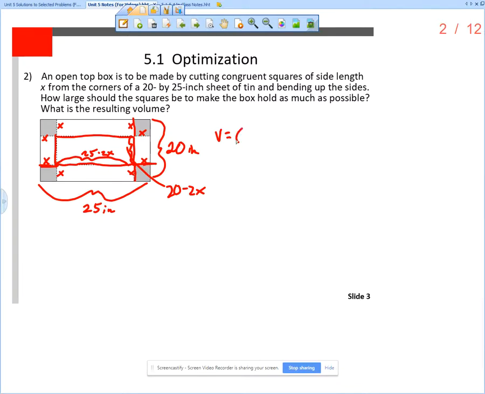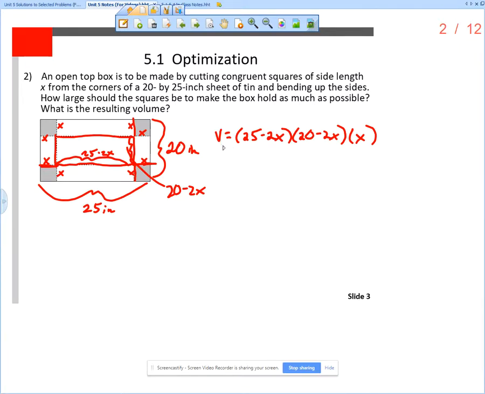Well, it's going to be the length, 25 minus 2x, times the width, 20 minus 2x, times the height of just x. Now, this is a little different than the last problem, but remember, I started with length times width times height, and then I figured out what these were based upon my drawing.